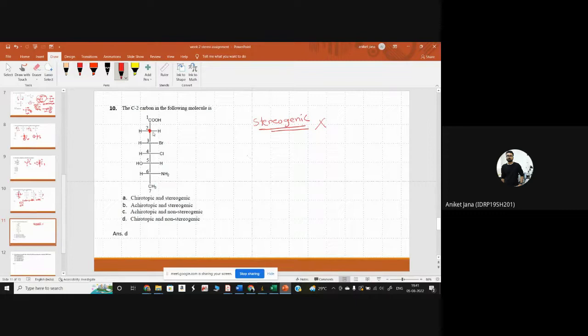If the molecule has any kind of element of symmetry, like center of symmetry or plane of symmetry, then that molecule is achirotopic. But in this case, does this atom have such an element of symmetry? No, because if we think about a sigma plane, it is not dividing the whole molecule into two equal halves. So is this center chirotopic or achirotopic? Chirotopic.